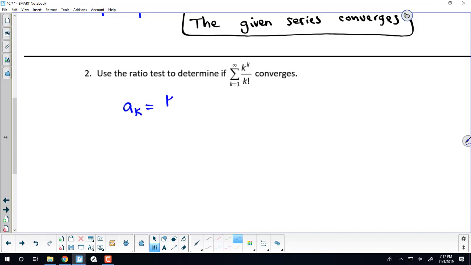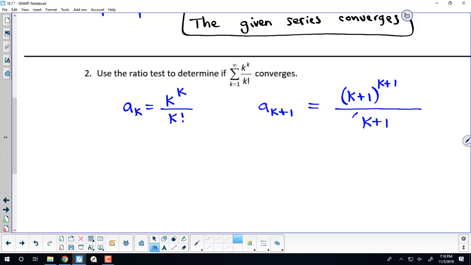The kth term is k to the k over k factorial. So the k plus 1 term is k plus 1 to the power of k plus 1, all over k plus 1 factorial.